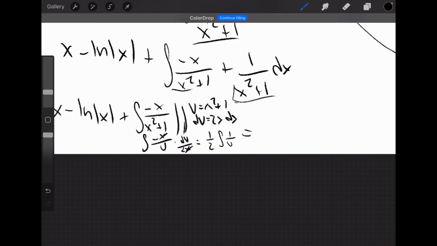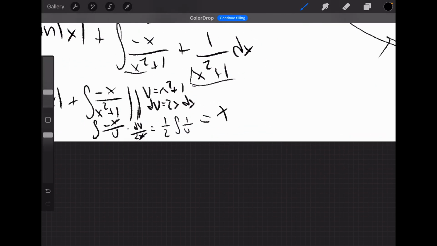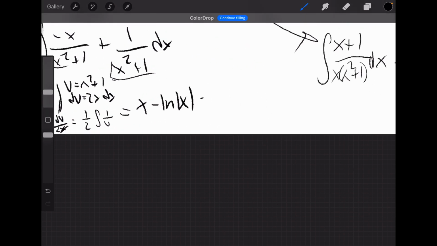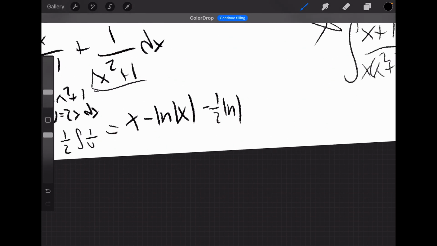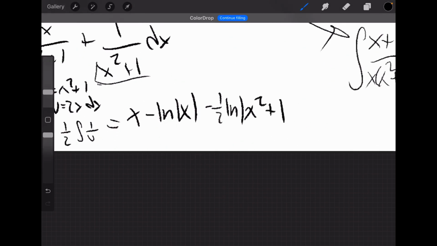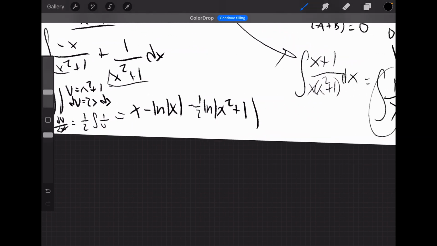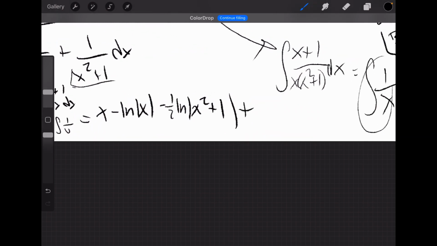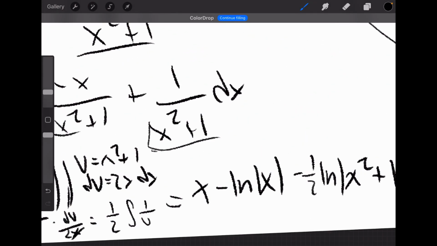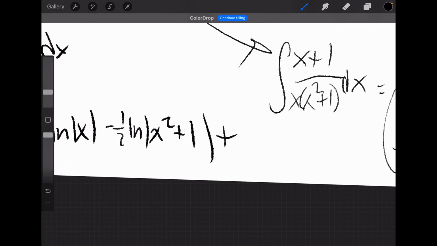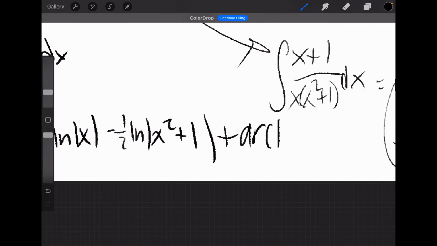So let me just rewrite everything. x minus natural log of x minus 1/2 natural log of u, which is x squared plus 1. And then we're going to do arctan. This is very straightforward, it's just x squared plus 1. So it's going to be plus arctan of x and plus c.